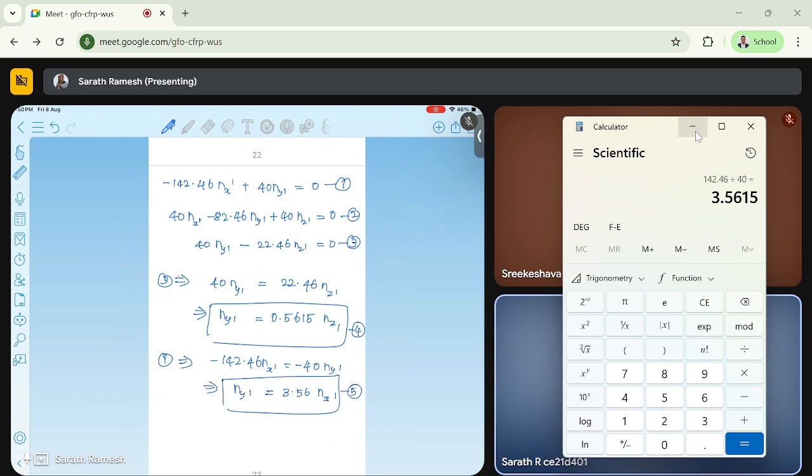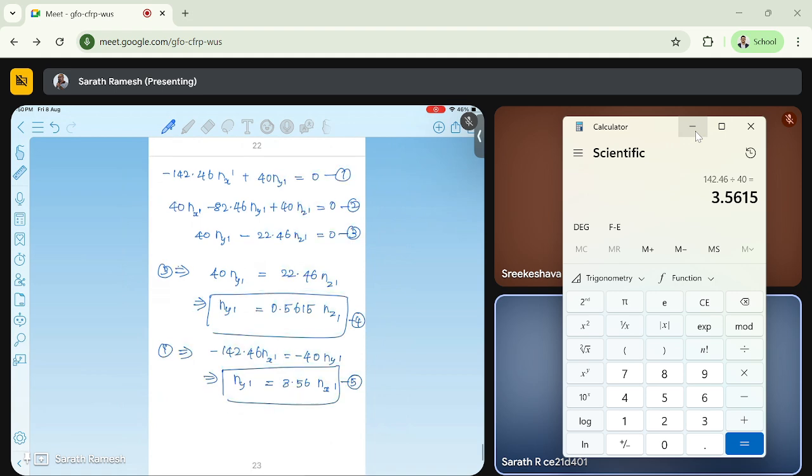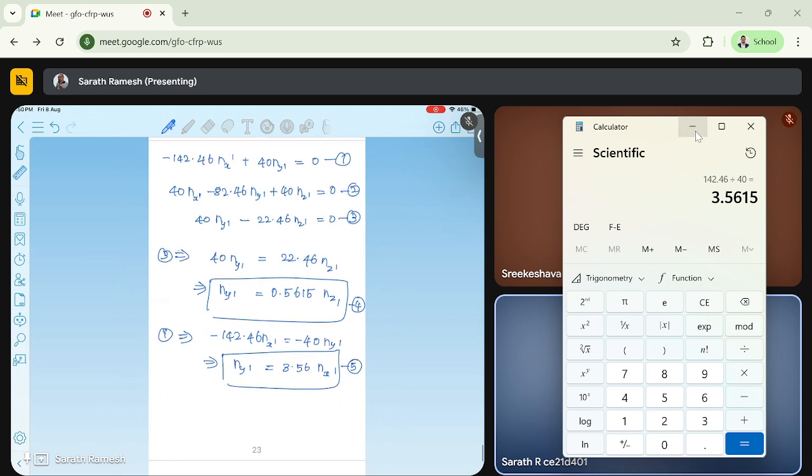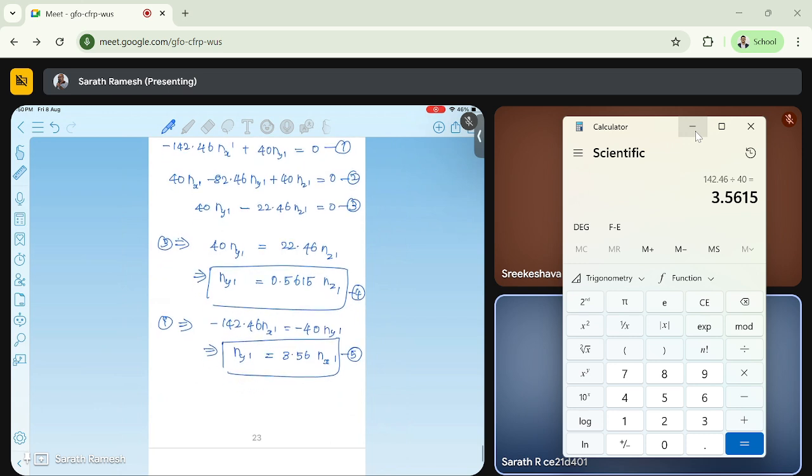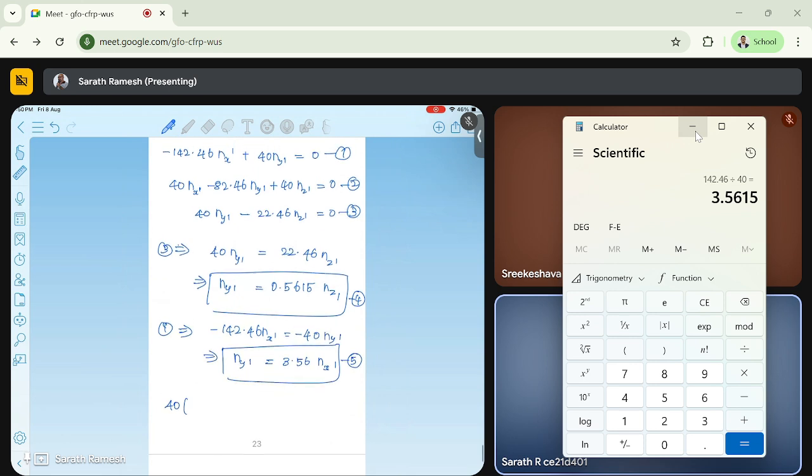Can we substitute this in equation number 2 so that we will get ny1? I have to write everything in terms of a single variable so that it is easy to substitute.